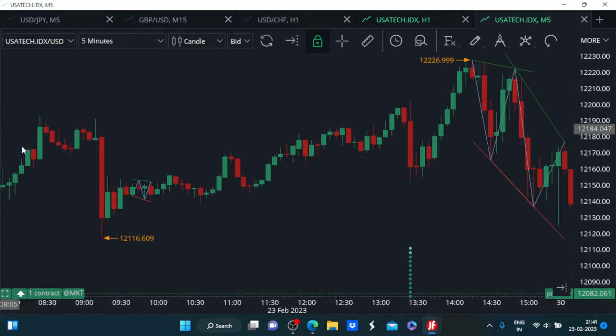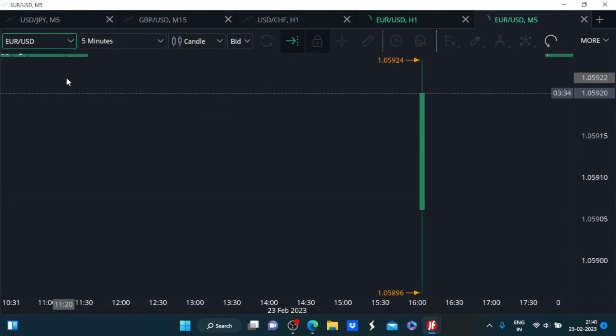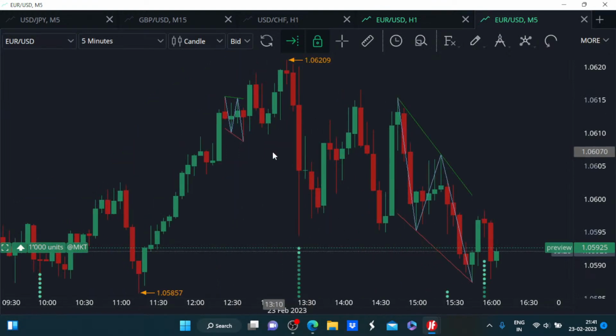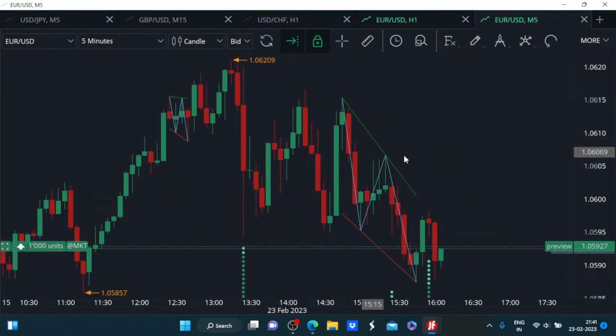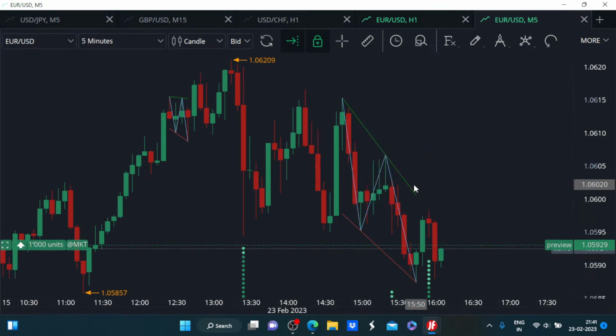So on this Nasdaq, which tends to be quite volatile, here we have this formation shaping up quite frequently. In Euro USD, here we have this formation with the earlier price formation resulting in loss, but in this case it would have been able to give you some money if you were to go for a trade closer to this immediate swing high.